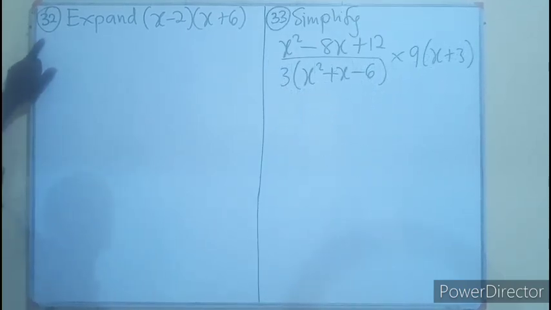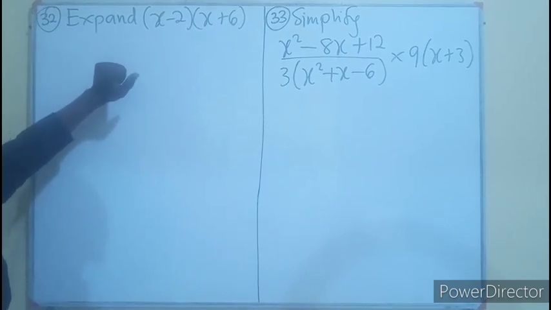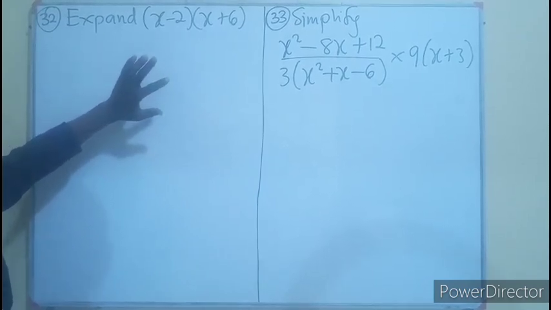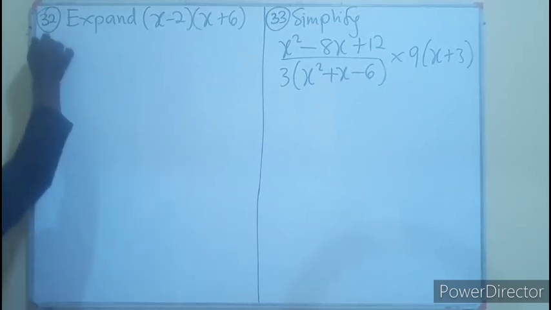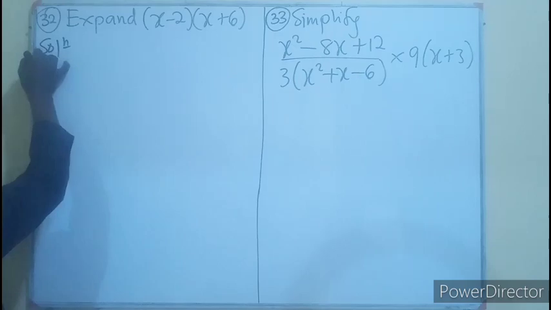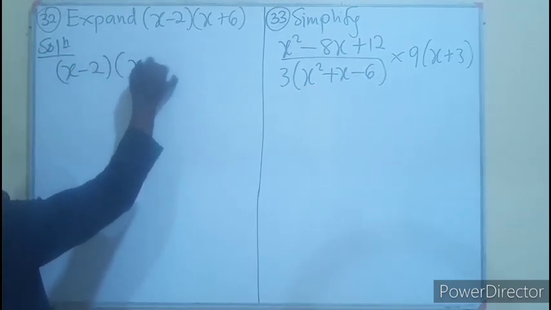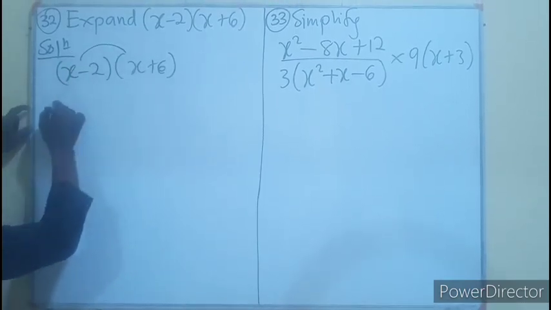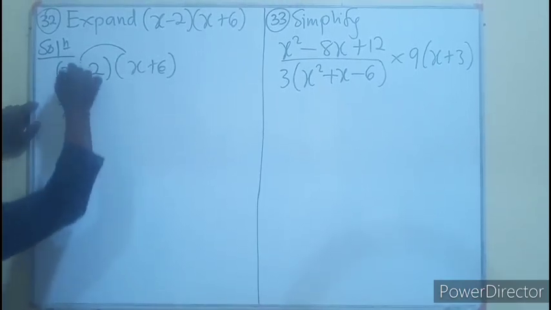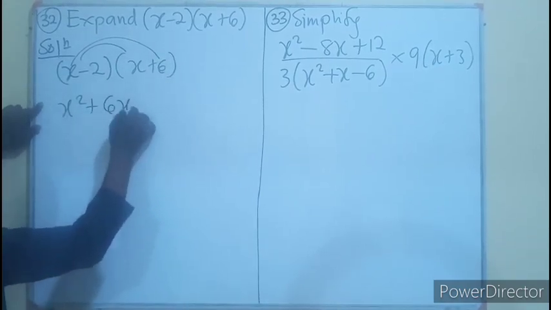Question 33. Expand (x minus 2) multiplied by (x plus 6). So we are going to do the FOIL method. We have x minus 2, x plus 6. The x multiplied by x gives us x squared. The x multiplied by 6 gives us plus 6x.